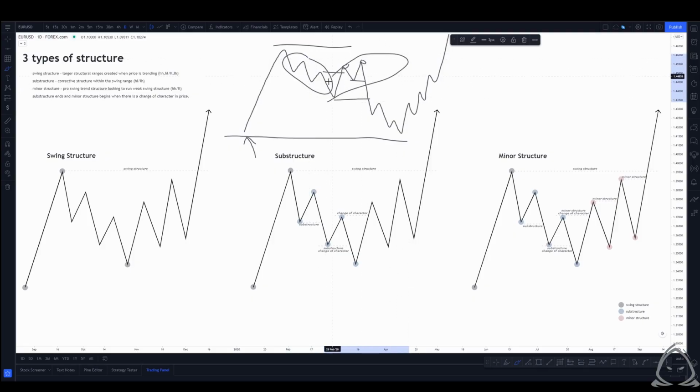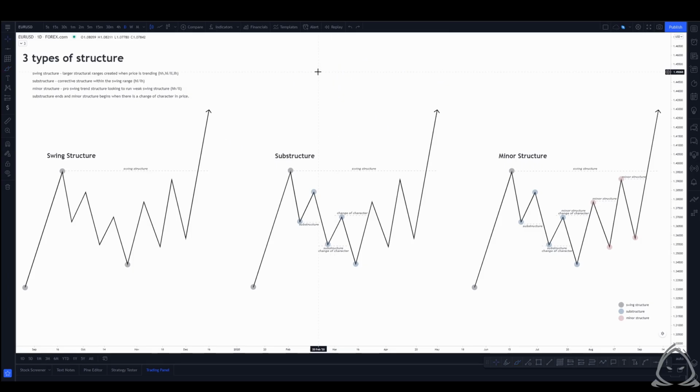Then we started creating higher highs and higher lows. So we had substructure here, we have minor structure here, and then we switch back creating lower lows and lower highs. So we switch back to substructure, and then we start creating higher highs and higher lows. We get our change of character right here, and then we eventually do break the swing high. And this is something that you will see on the charts, and at the end of the day, you're not going to get it 100% right.